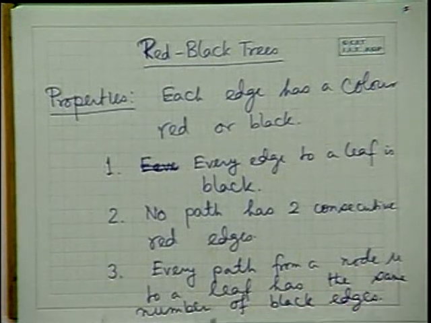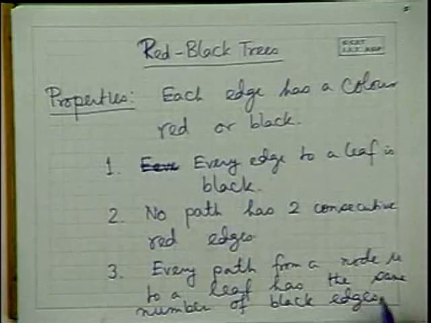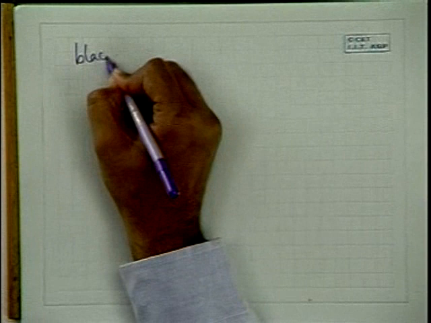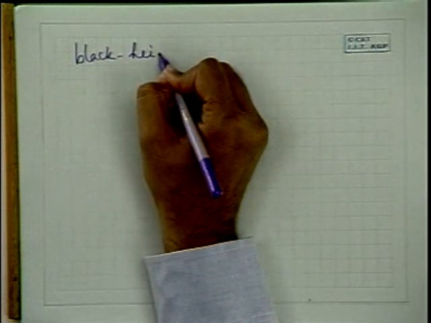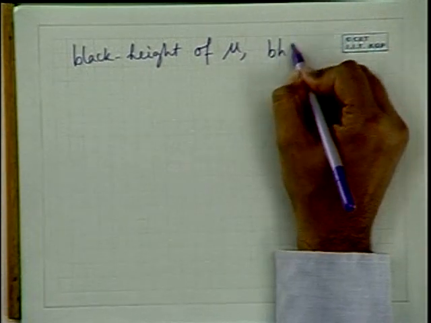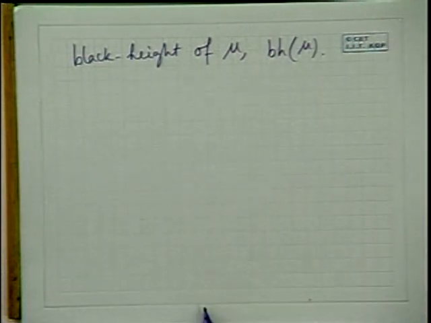So you take a node, and from that node to any leaf you can reach, that path on all those leaves will have the same number of black edges, and that is called the black height. So I'm writing it here, that will be called the black height of the node mu, or we will denote this as BH of mu, black height of mu.